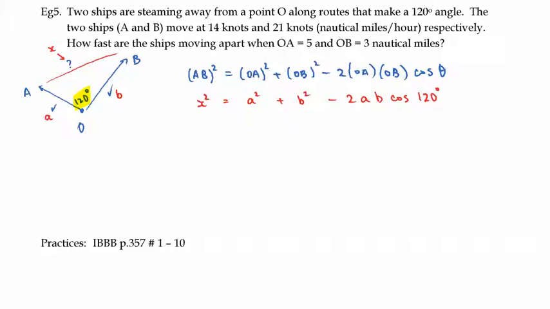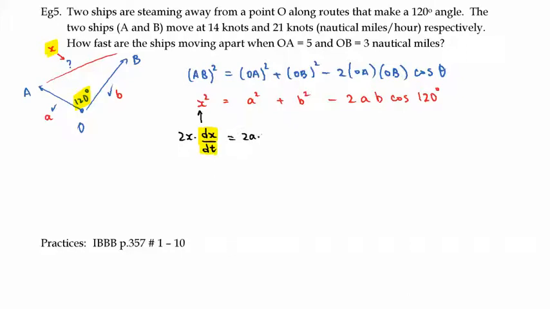As I differentiate both sides of the equation with respect to t, this will give us 2x times dx/dt. We are trying to find dx/dt. How fast is this distance increasing with respect to time?